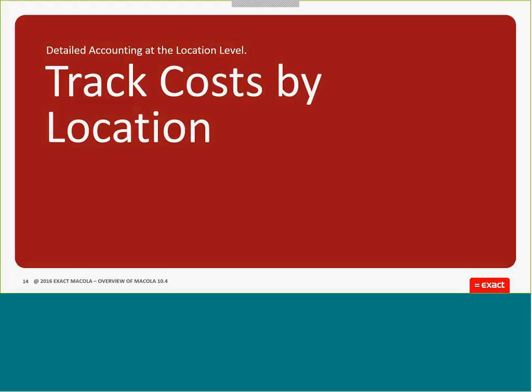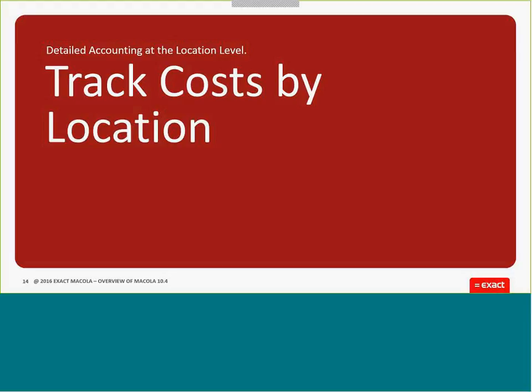Now, this is a smaller enhancement, not a bullet point slide, but we're pretty excited about it as well. If you're using standard costing, it's pretty impactful, and it's actually one of the building blocks, so to speak, on ultimately us getting to a true multi-site MRP ability in Macola.